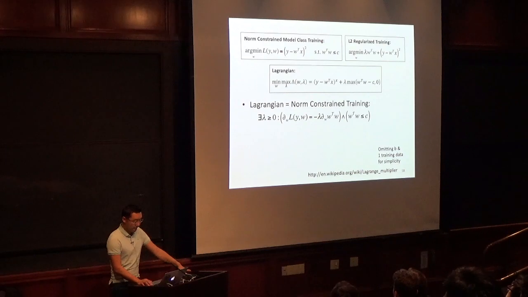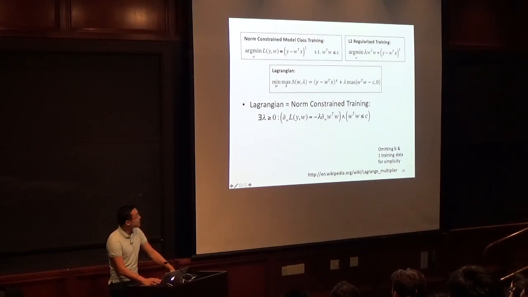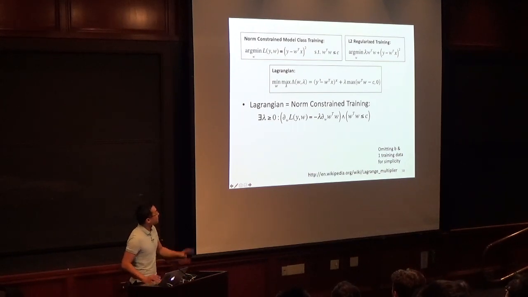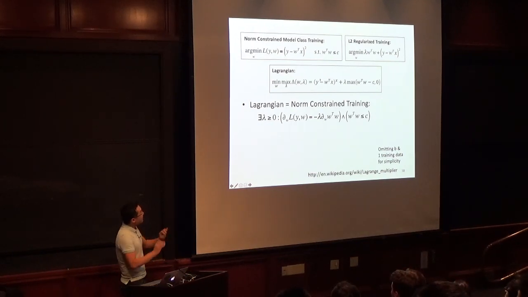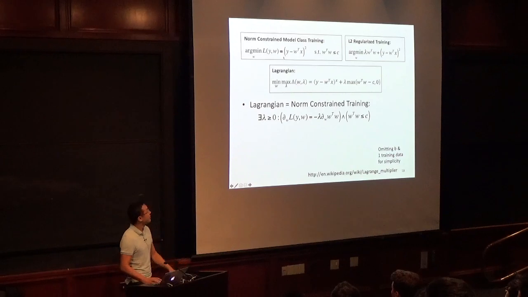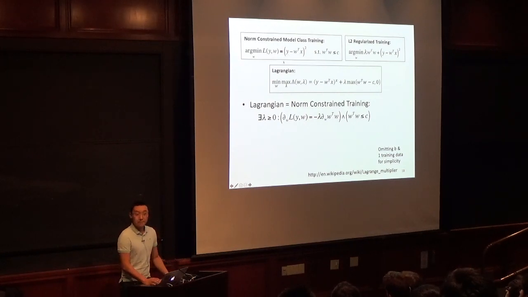In particular, for any choice of C, referring to the top left learning objective, which is your standard model class type of definition, there exists a lambda such that the solution of this guy is the same as the solution of this guy.